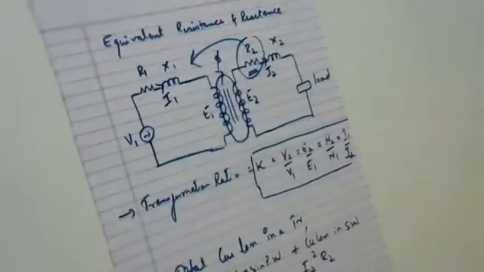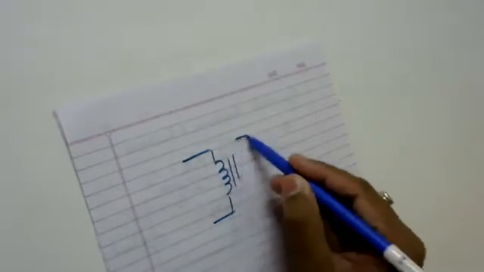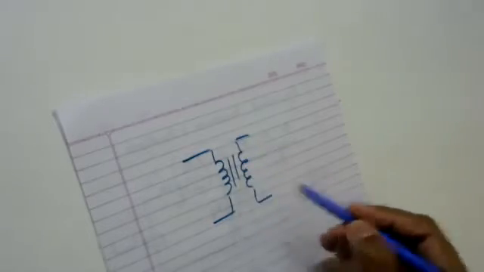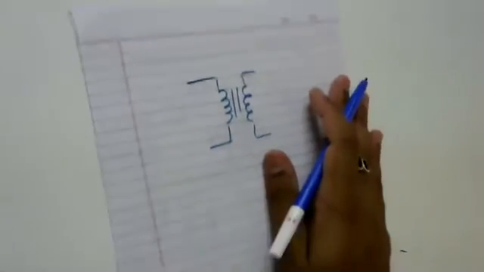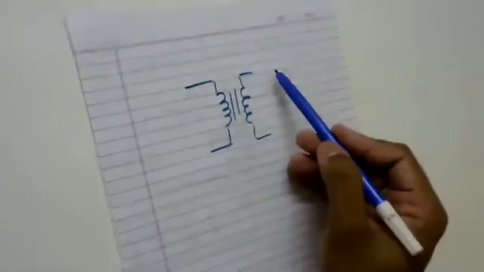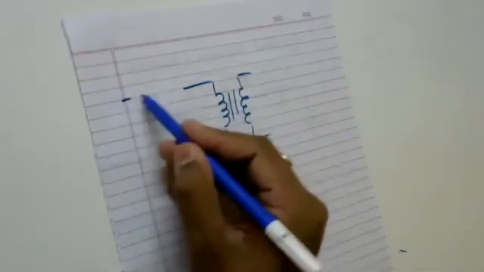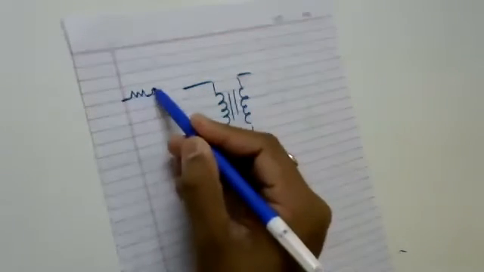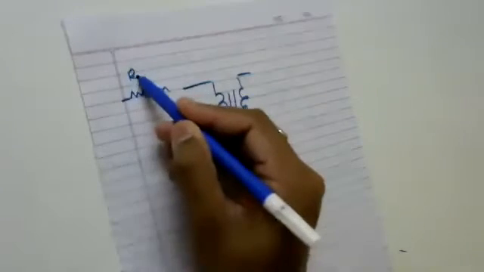For example, let me draw the diagram so that we come to understand. In the same transformer circuit, let me say this is your primary winding, this is your secondary winding. What I am trying to do here is transfer the components to the primary side. Already I have R1, X1 over here. Agreed?